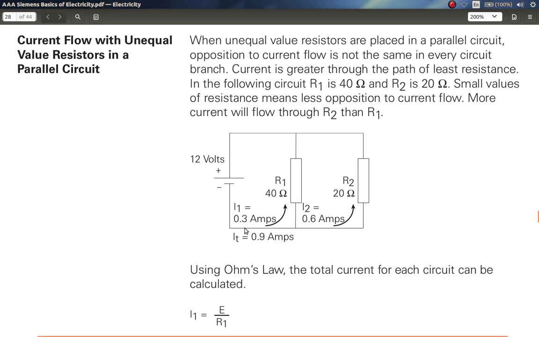So you have 0.3 amps flowing through the 40 ohms, but more amps, 0.6, flowing through the smaller resistance, 20 ohms. So the total current is 0.9 amps, because 0.3 plus 0.6 is 0.9 amps.